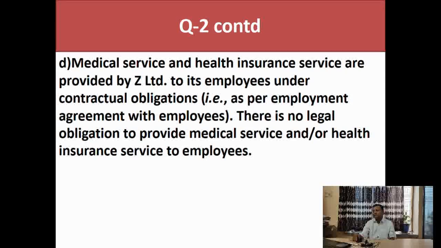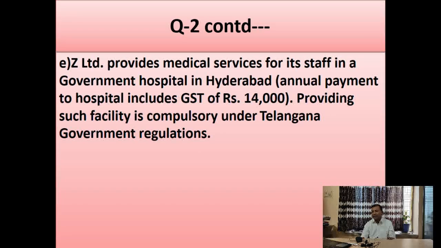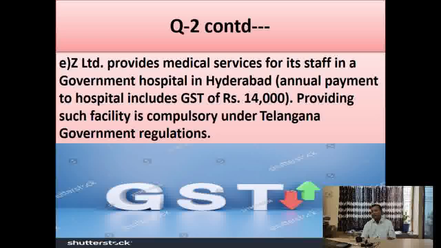Let us come to another one. Z Limited provides medical service for its staff in a government hospital in Hyderabad. Annual payment to hospital includes GST of 14,000. Providing such facility is compulsory under the Telangana government. Friends, if it is compulsory, if it is as per legal rule, if it is of a mandatory, obligatory nature, then only that ITC can be availed, otherwise it cannot be availed. So the answers are here.